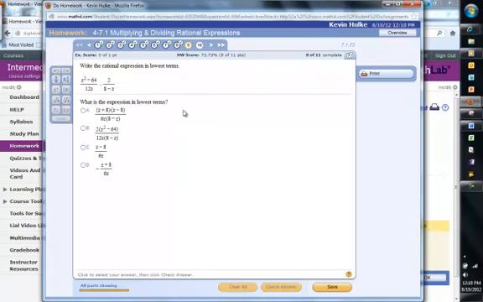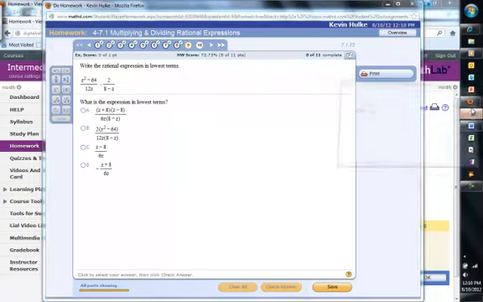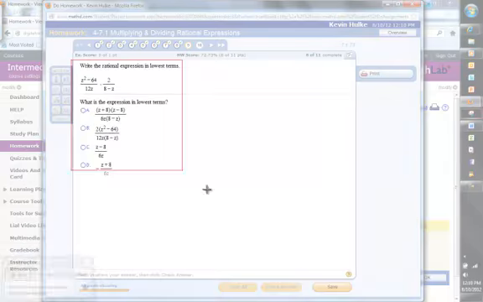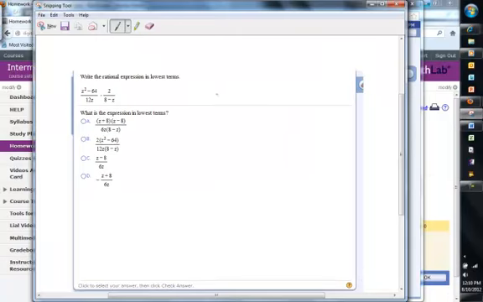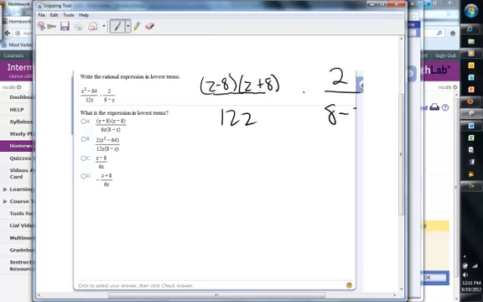Number 9. A multiplication, the top on the left factors into z minus 8, z plus 8, times 12z, 2 over 8 minus z.